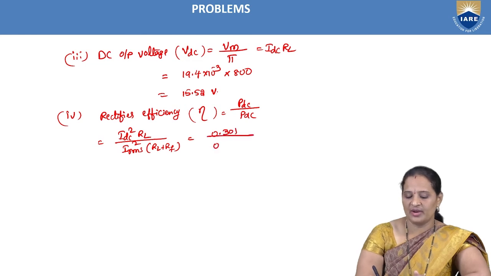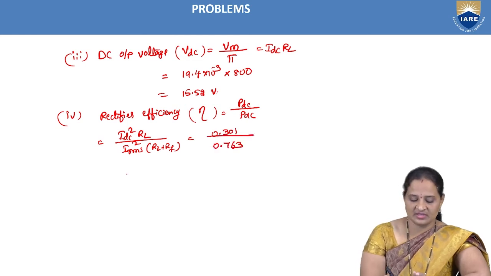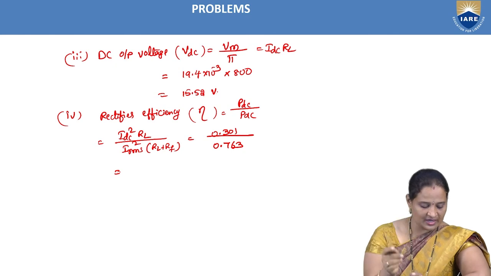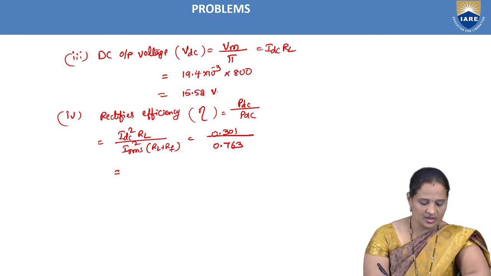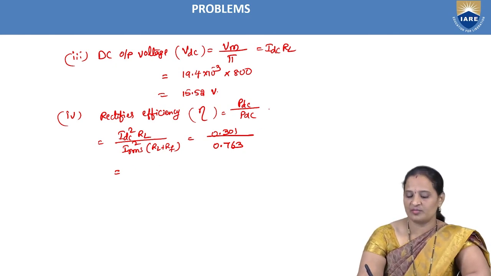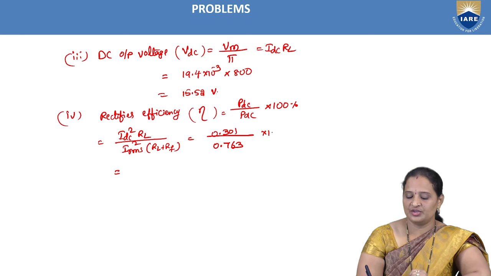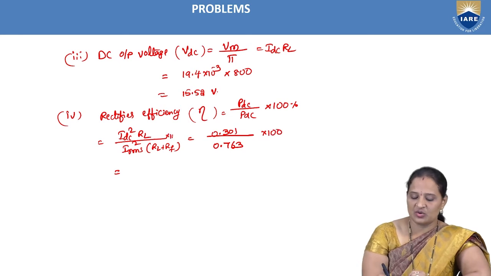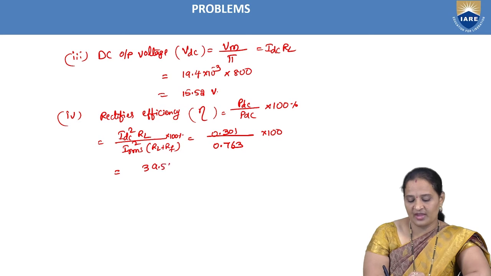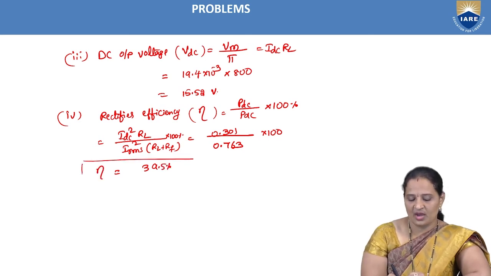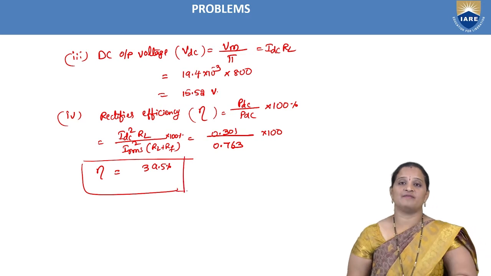So 0.301 divided by 0.763. If we calculate this one, and always remember the efficiency is calculated in terms of percentage, so into 100. So here now the efficiency will be 39.5%. So this is the efficiency of the half wave rectifier.